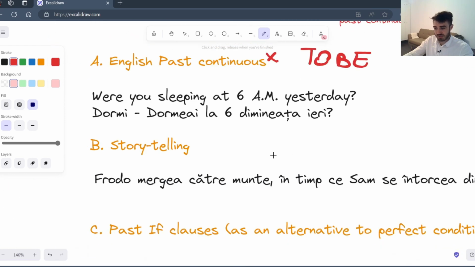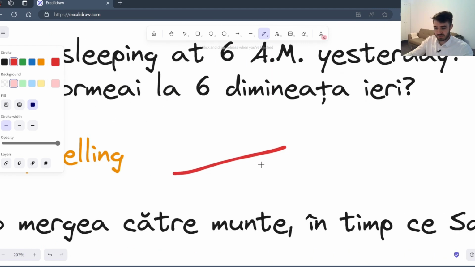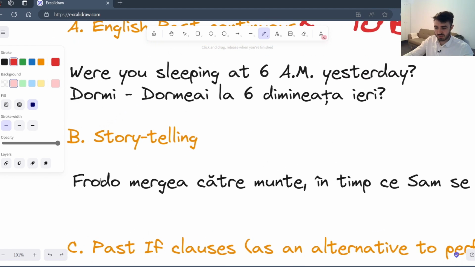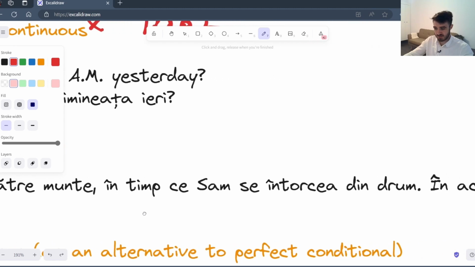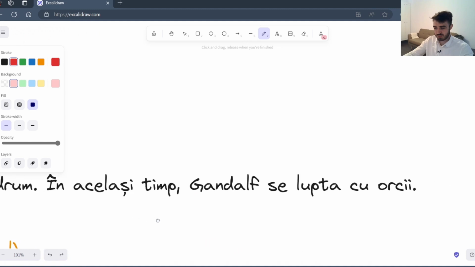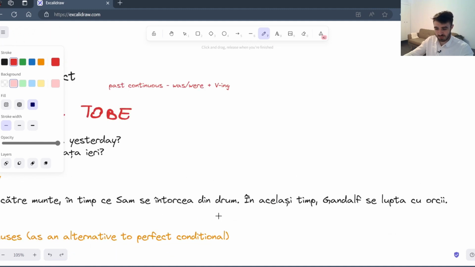Then storytelling. This is something that comes a bit less natural, but I gave here an example. Frodo mergea către munte, în timp ce Sam se întorcea din drum. În același timp, Gandalf se lupta cu orcii. Hope you like my Lord of the Rings reference there.